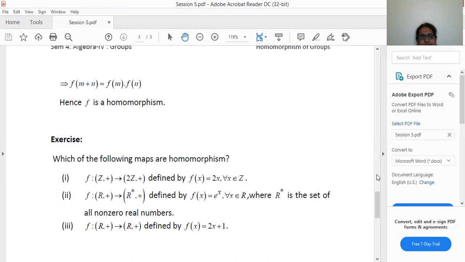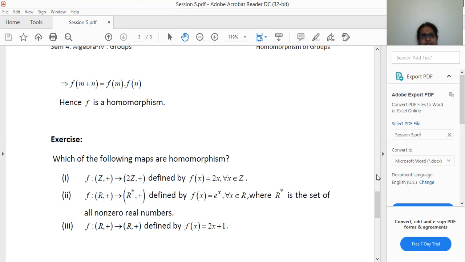So now consider two integers x and y. So f of x is 2x, f of y is 2y. Now on both sides addition is the binary operation. So consider f of x plus y. f of x plus y is equal to 2 into x plus y, that is 2x plus 2y. And right hand side, the codomain also has binary operation plus.